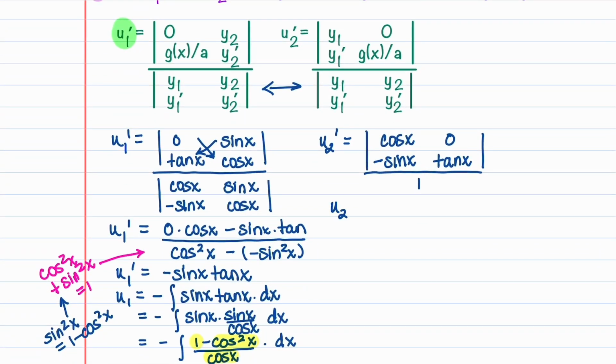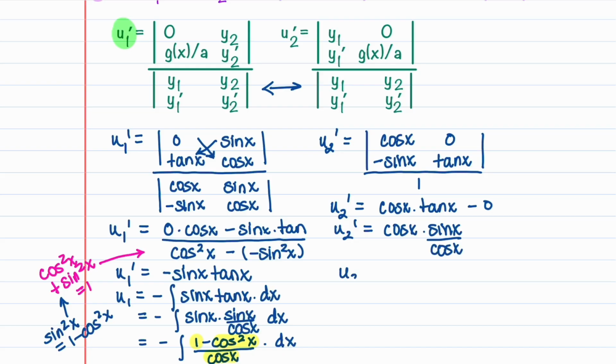Now we can compute U2 prime. It's the main diagonal elements multiplied, so that's cosine x times tangent x, minus the off diagonal elements multiplied, but there's a 0 there, so we just subtract 0. Let's now rewrite tangent, because we know that tangent is sine over cosine, so that cosine is going to cancel, and that's really great.